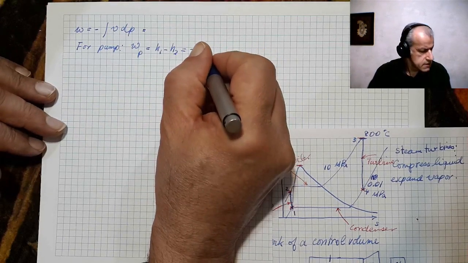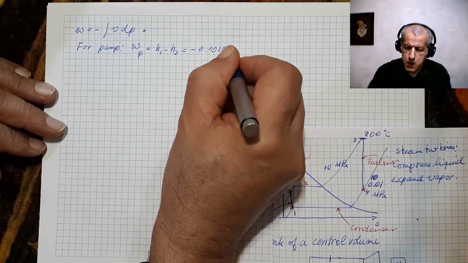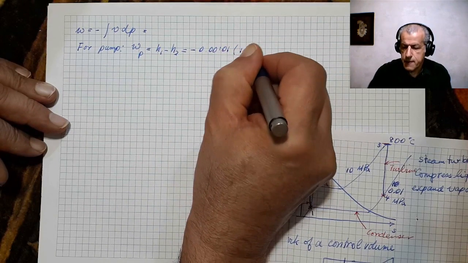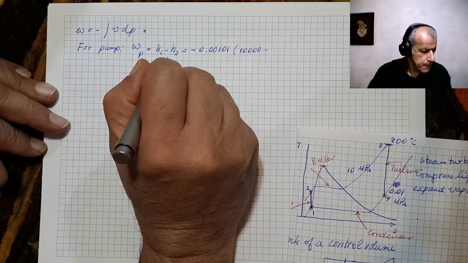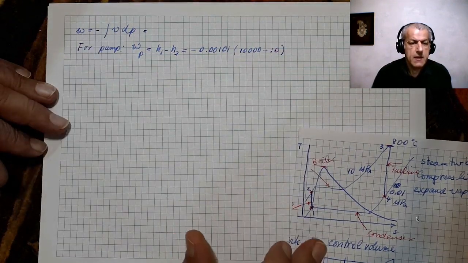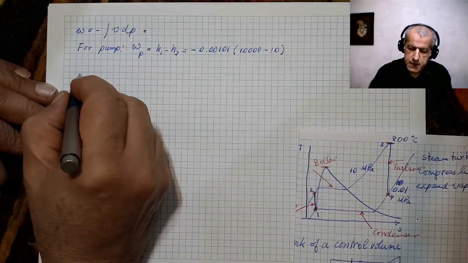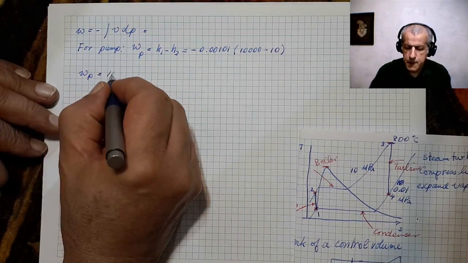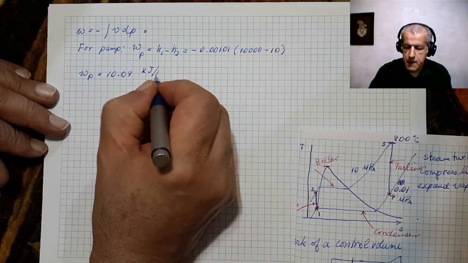So it is minus 0.00101 times 10,000 minus 10, in terms of kilopascals, and the outcome for WP would be 10.09 kilojoules per kilogram.